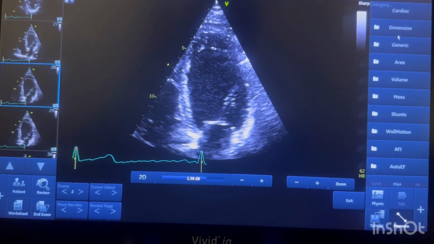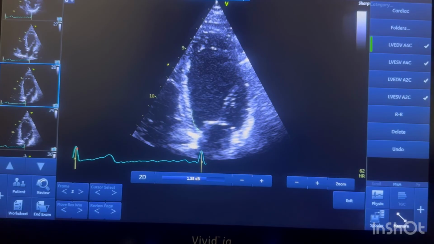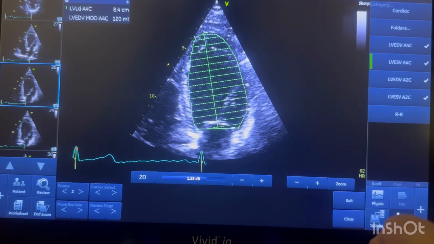Go into the volume, biplane volumes, 4-chamber diastolic volume, and you go from here. You should not go this way. You should exclude them and just go straight. So that's your diastole.